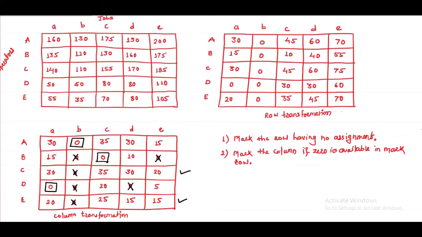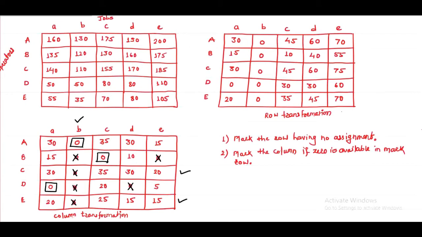Now we have 2 marked rows, that is the third row and the fifth row. Now we have to check whether 0 is available in these marked rows. If we consider the third row, 0 is available, it is a cross 0. So we can mark that particular column because the 0 is available in the second column of this particular marked row. And if we consider the fifth row, in the fifth row also 0 is available in the second column. So we already marked that particular column.